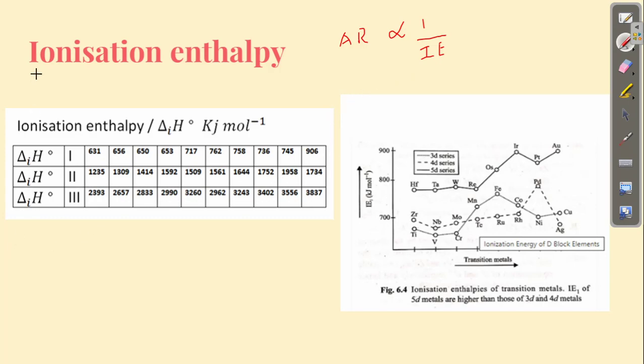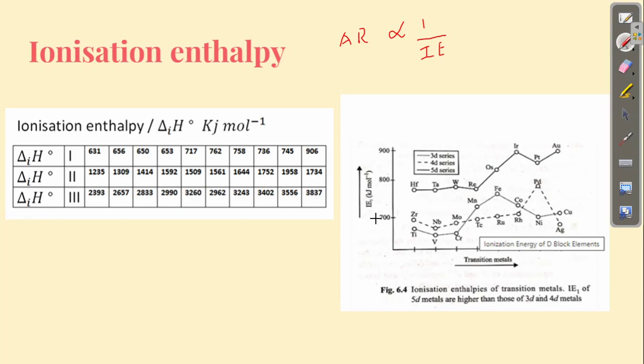So as a general trend along the period, what should happen? There is a decrease in the atomic radii, so the ionization enthalpy should increase.